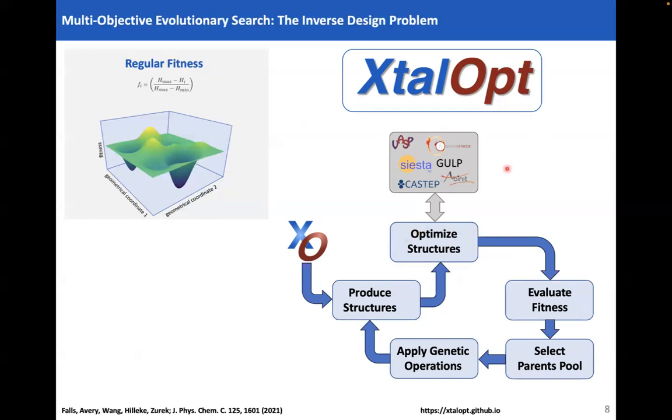The XtalOpt code has the capability to be interfaced to various total energy calculation approaches, including classical potentials, first principles calculations, or, through scripting, machine learning potentials, as we have done some tests on them. And we use it to find the ground state for the desired chemical compound. In many applications, the efficiency and performance of this algorithm and this implementation has been demonstrated.